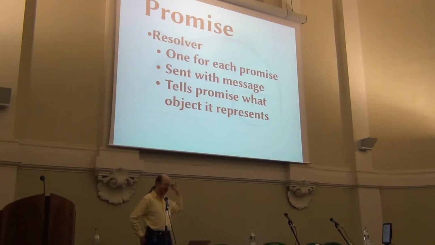The promise stays on the sending side. The resolver is created on the receiving side of the message. So there are two different vats. The resolver has an eventual reference back to the promise, so that when the method completes, it can tell the promise what its resolution was. So it can pass back knowledge of the result object that way.